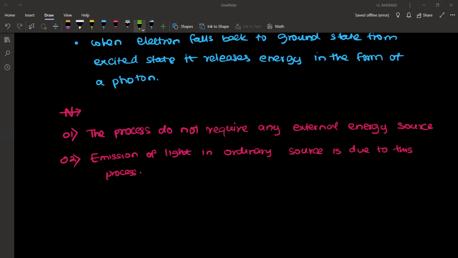Note number 3, this emission doesn't have a certain direction. It will emit in every direction.